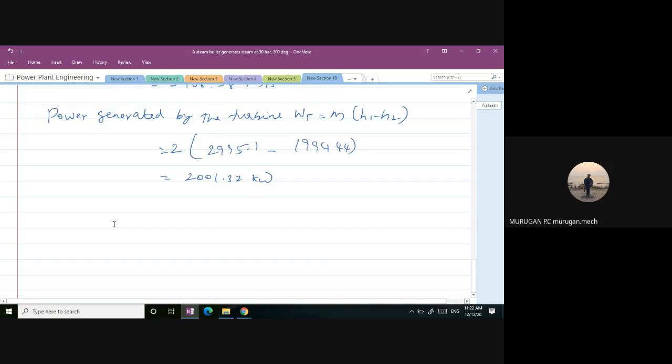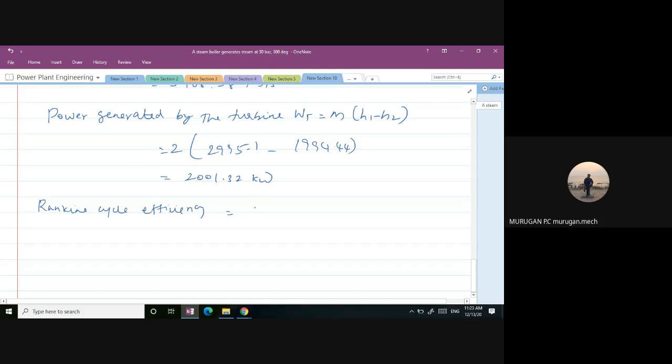And finally we have to find out the Rankine cycle efficiency of the plant. The Rankine cycle efficiency is given by H1 minus H2 minus H4 minus H3, divided by H1 minus H4.